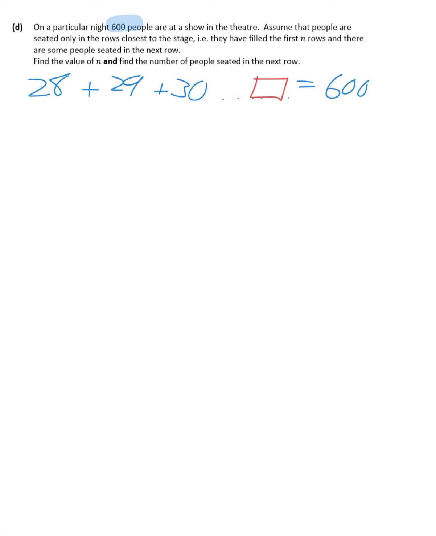Okay, so we know the sum adds up to 600. I'm going to use the sum of formula again in this one. I'm just going to write it out, n over 2 times 2a plus n minus 1 times d, and this is going to equal 600, but I don't know what n is.